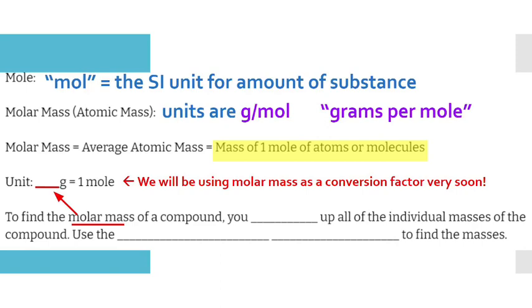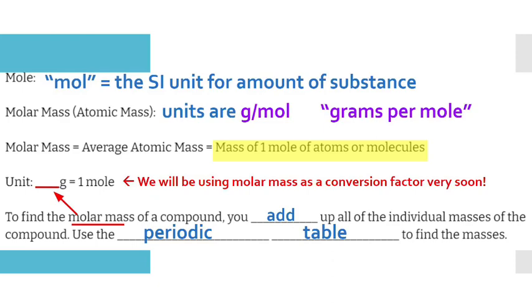So we'll remind you of that when we get to that part of our unit, but that's why we're taking the time to learn where these come from and practice calculating them, because they're going to be an important tool in our toolbox. And all that we really need to do to find a molar mass is add up all of the individual masses of the elements in the compound using the periodic table.